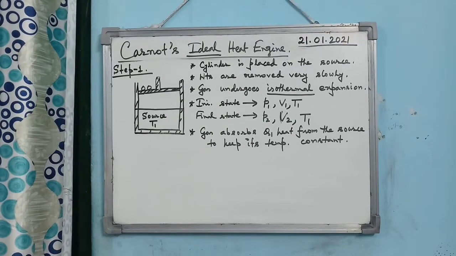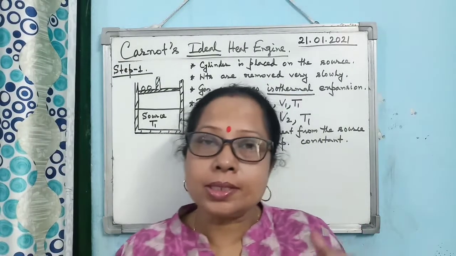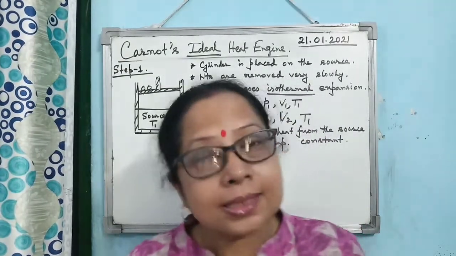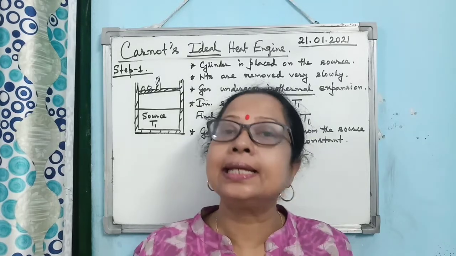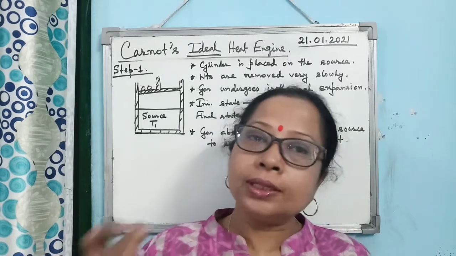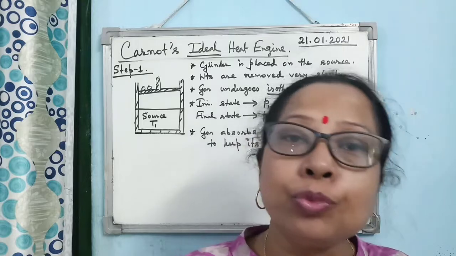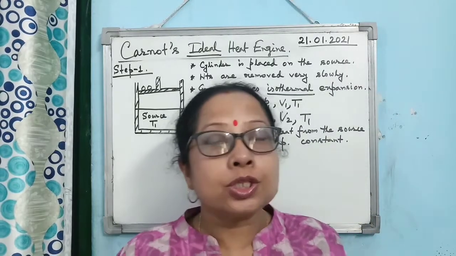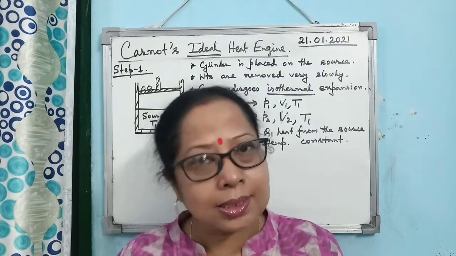So, Carnot heat engine, the first step, describing all the steps together. Okay. So, the first step is you place the cylinder along with the working substance, that is an ideal gas, on the source. On the piston, weights were there, so the weights are removed very slowly. When the weights are removed, what will happen? Pressure will decrease, isn't it?